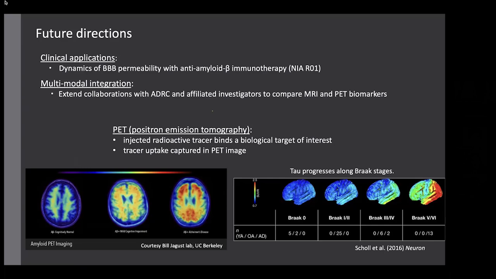And just as an example, here's an amyloid PET scan for a cognitively normal individual, MCI, and AD, and you can see increasing amyloid tracer uptake with greater disease severity. Here's another example from tau PET showing progressive tau uptake that maps on to these Braak stages, which are determined from postmortem pathology.